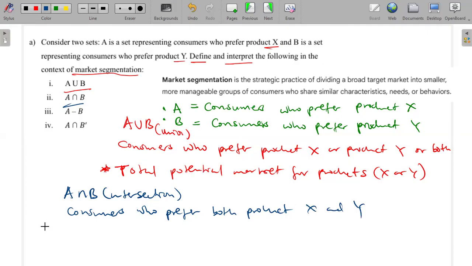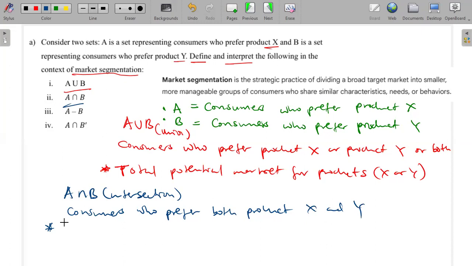What's our interpretation of this statement, consumers who prefer both product X and Y? The interpretation is that this shows us consumers who are overlapping in terms of preferences. It shows us the potential for bundling or cross promotions. In short, as we said, overlapping preferences.